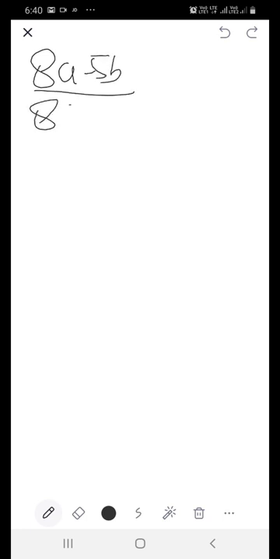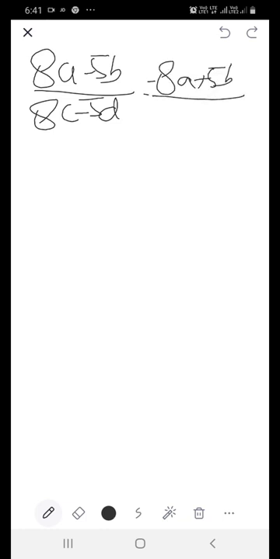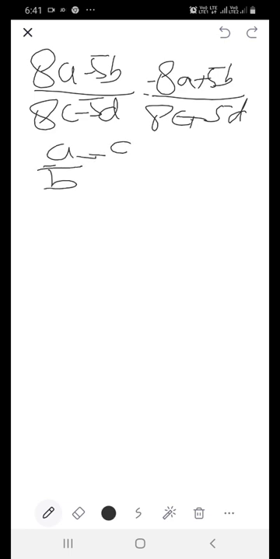What is given? 8a minus 5b upon 8c minus 5d is equal to 8a plus 5b upon 8c plus 5d. This is given to you. And what you have to prove? Prove that a upon b is equal to c upon d.